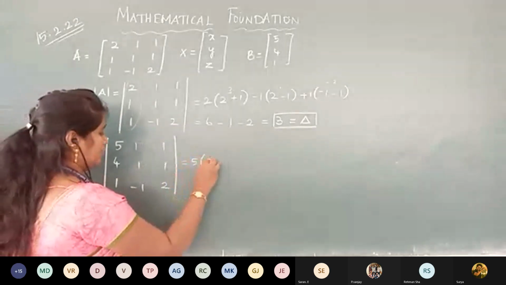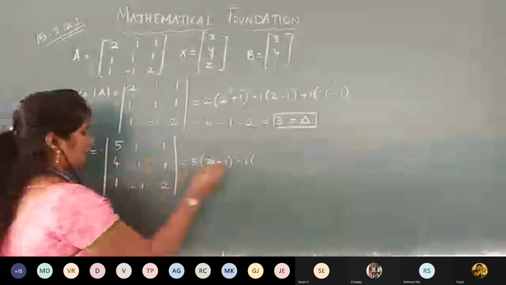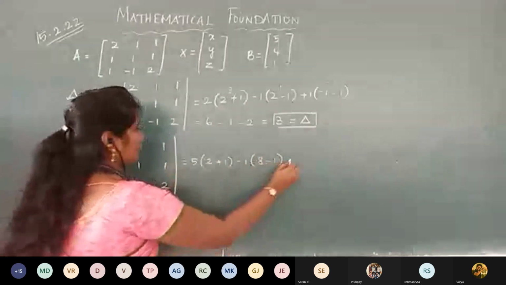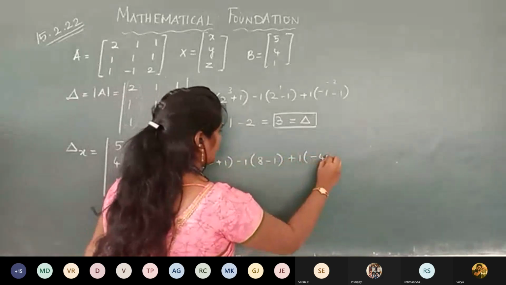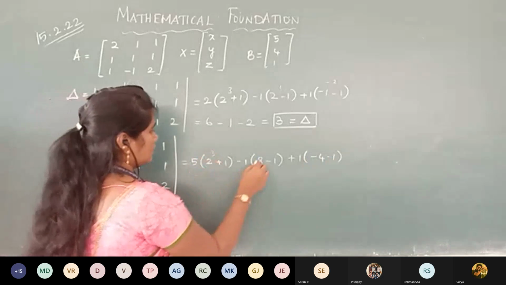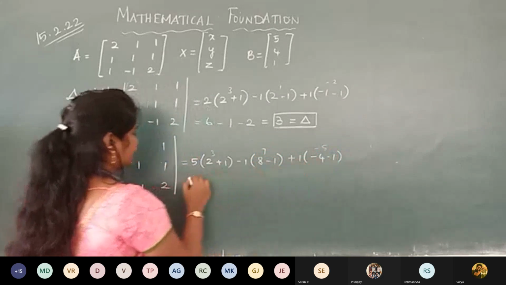So it will be 5 into 2 plus 1, minus 1 into 8 minus 1, plus 1 into minus 4. So here it will be 3, here it will be 7, here it will be 5.